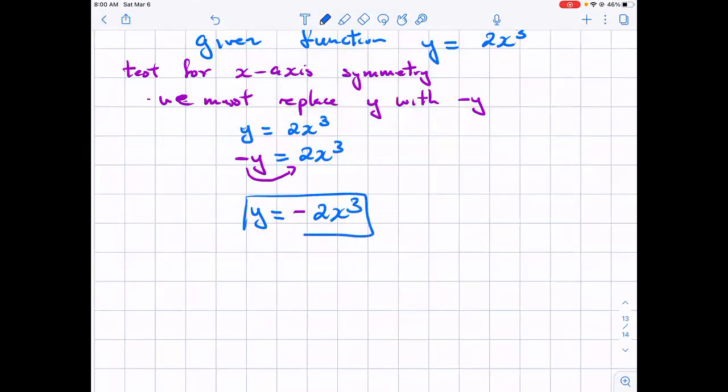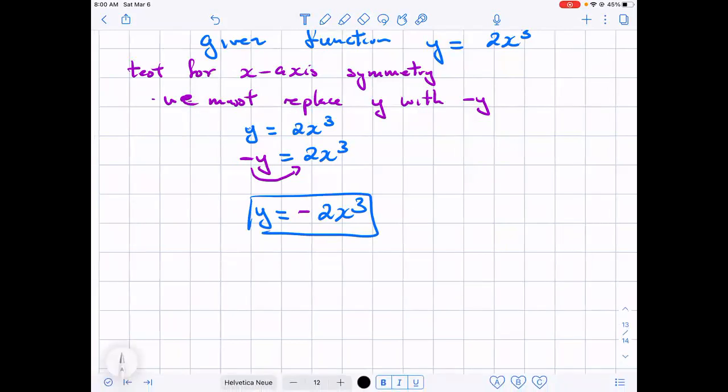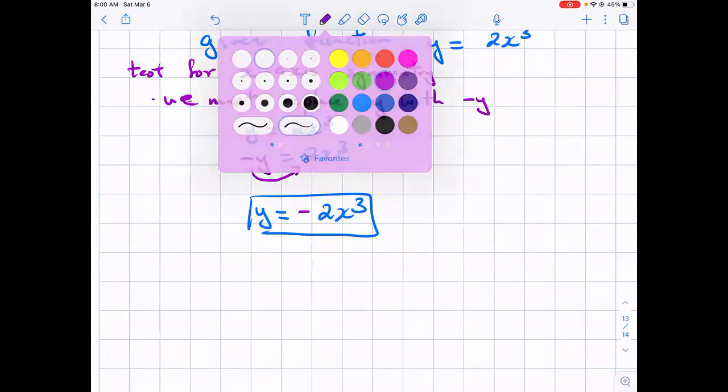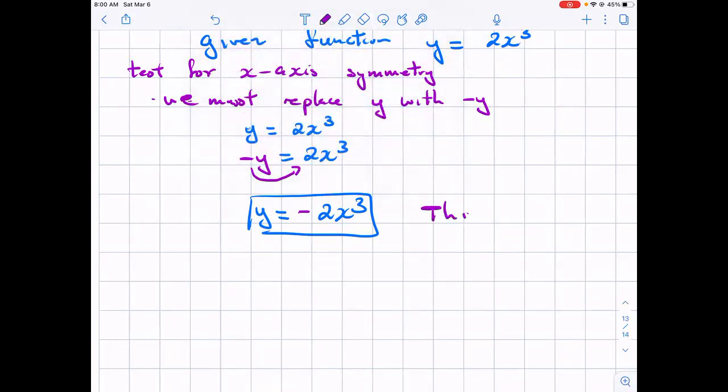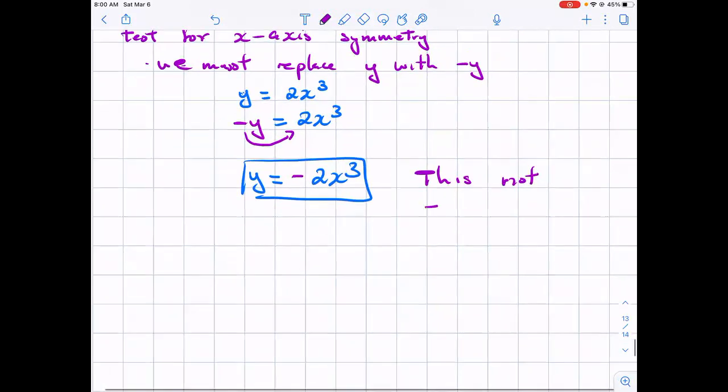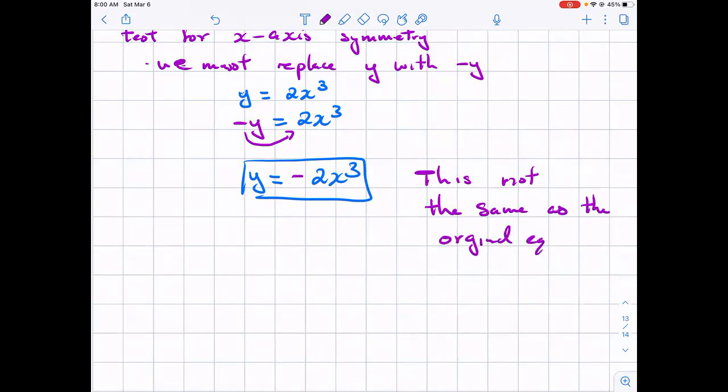And this is not the same as the original equation.